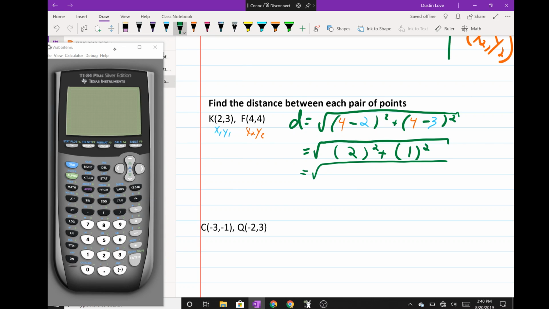And now we're going to do our squaring. 2 squared is 4, plus 1 squared is 1. And now that gives me 5. And now, I don't need that square root symbol anymore. Let's run to the calculator on that. Square root of 5.